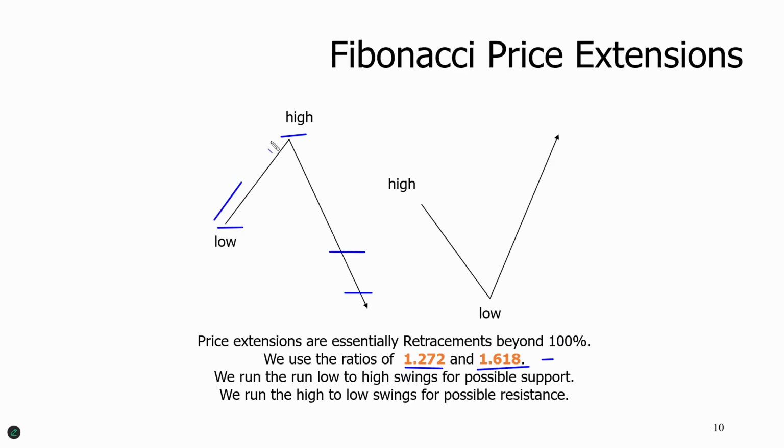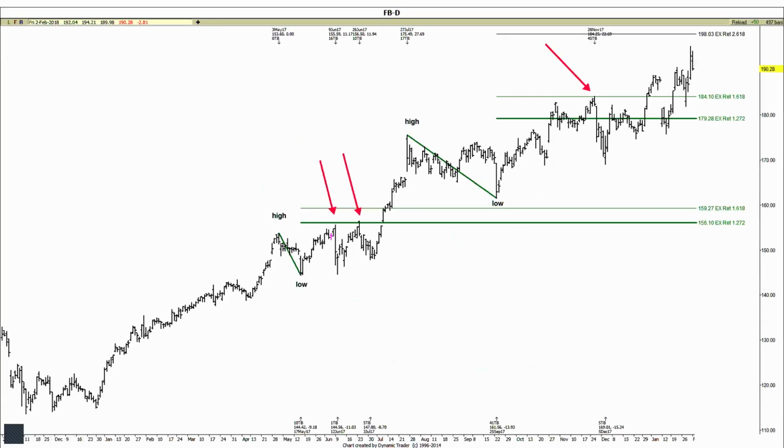So again, we're going to run a low to a high, use these extension ratios for possible support, or we're going to run a prior high to low, extend upwards using those same ratios, and look for possible resistance. So here, I should have an example for you. Okay, this is actually a daily chart in Facebook.